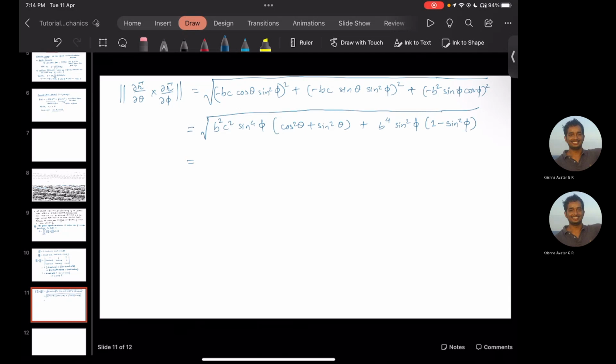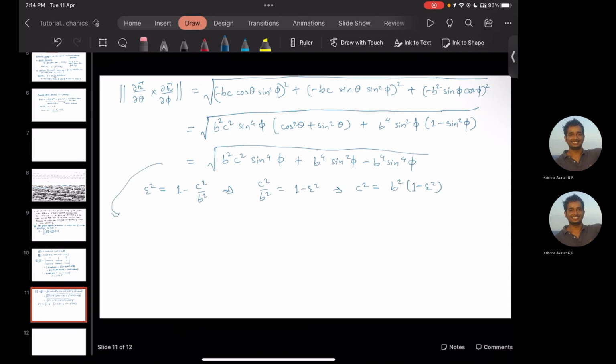Now this gives us b squared c square sine to the power 4 phi plus b square sine square phi minus b to the power 4 sine to the power 4 phi. Now, from the eccentricity definition, epsilon square is equal to 1 minus c squared by b square. So c square by b square is equal to 1 minus epsilon square, and then c square is equal to b square times 1 minus epsilon square.